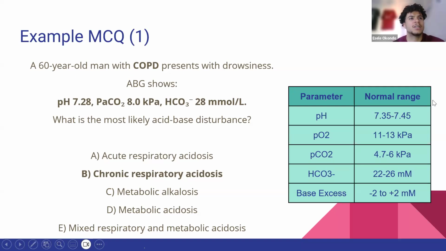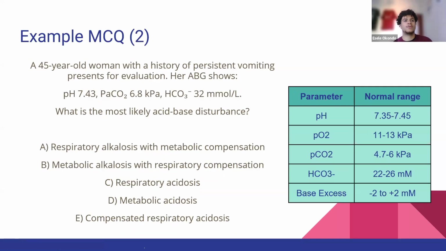So your second question, a 45-year-old woman presents with a history of persistent vomiting, and she presents for evaluation. Her ABG says pH 7.43, PaCO2 6.8, and a bicarbonate of 32, and your normal values are all on the slide. What is the most likely acid-base disturbance?